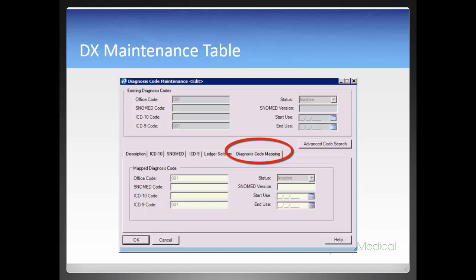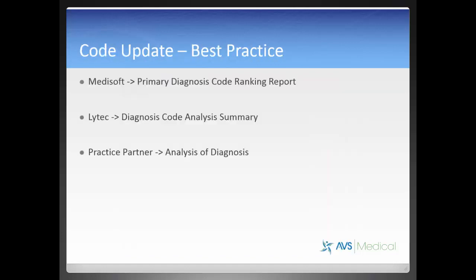One of our best practices relating to updating the codes is to run the diagnosis code ranking reports out of your practice management software to determine your top 50 or 100 diagnosis codes. Those numbers are up to you. Some practices use a very limited set of diagnosis codes, some use a very broad set.